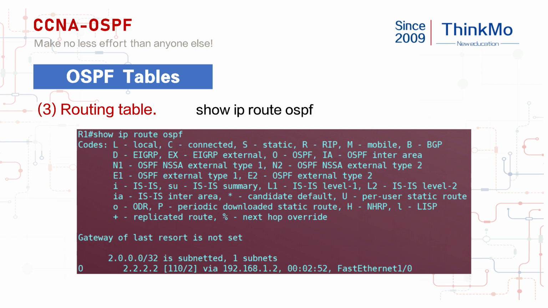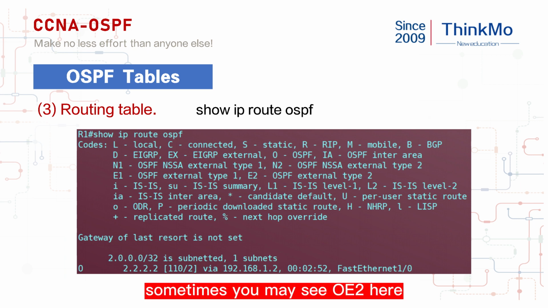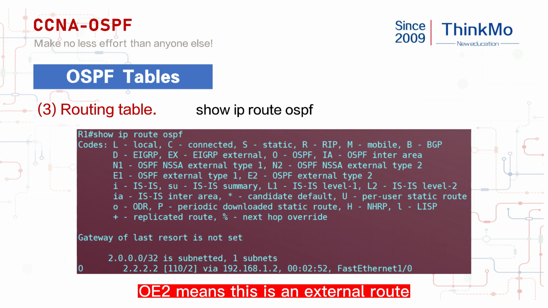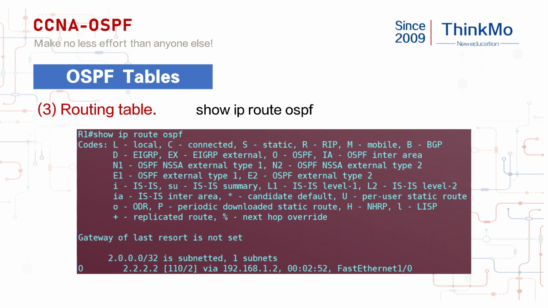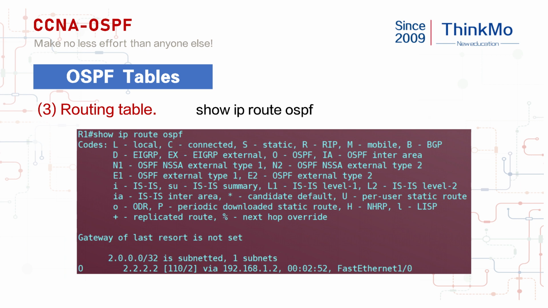First of all, O means that the route above is OSPF. Sometimes you may see OE2 here. OE2 means this is an external route, that is, the redistribution comes in. Remember redistribution? The left side of this device is EIGRP. On the right is OSPF.